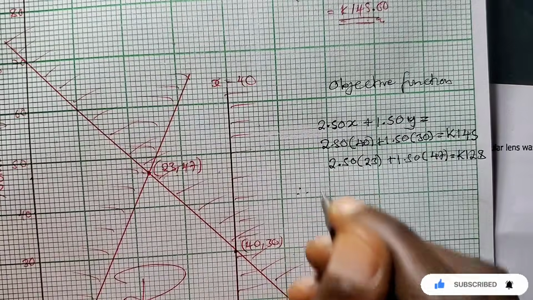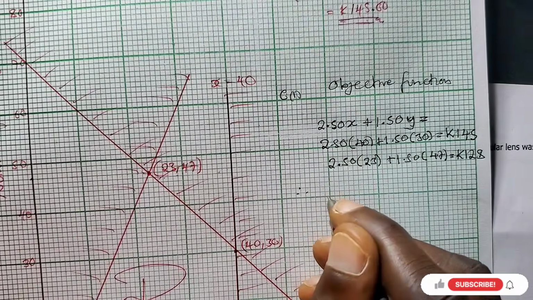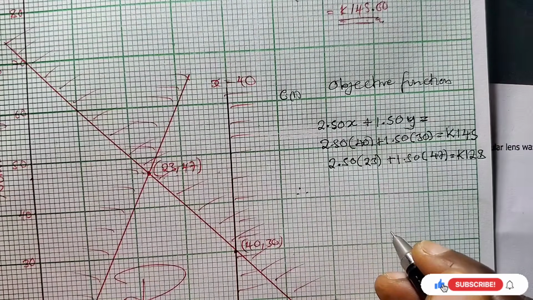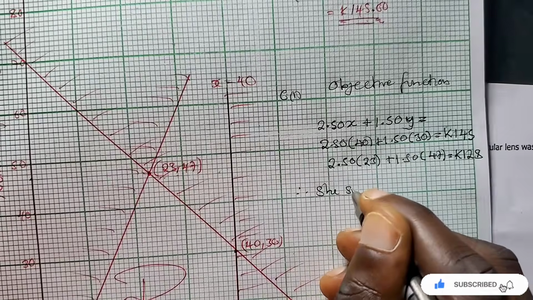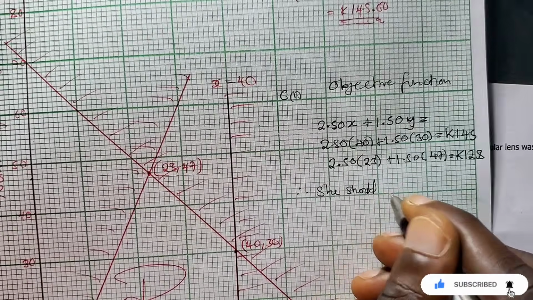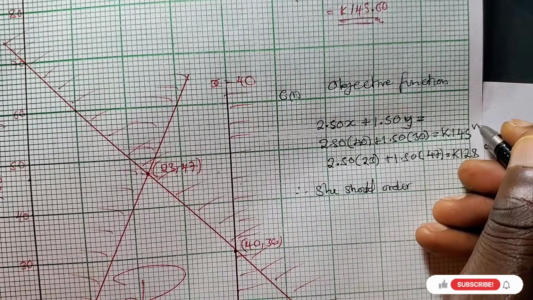So therefore this is question C1. Since it asks to find the number of apples she should order, so you say she should order, this is what is giving us the maximum profit.